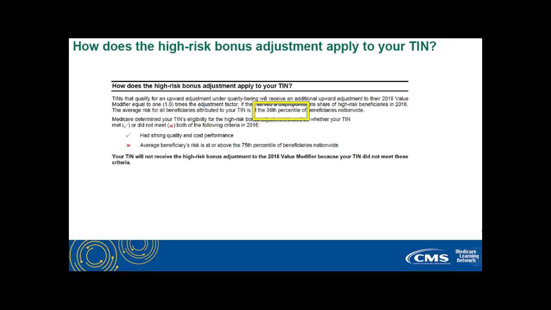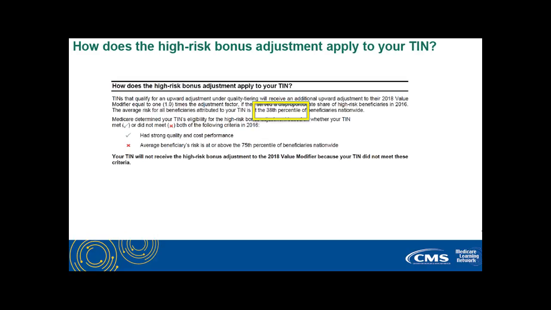Before going forward, though, an important element here is CMS will risk assess the patient population, and this is based upon claims data. So, for example, in this group in the tax ID number, they had strong quality and cost performance.